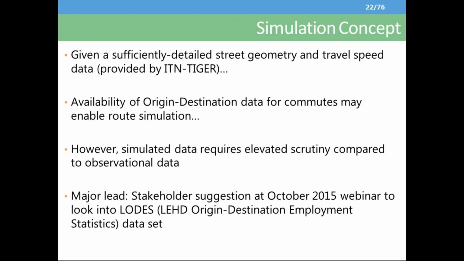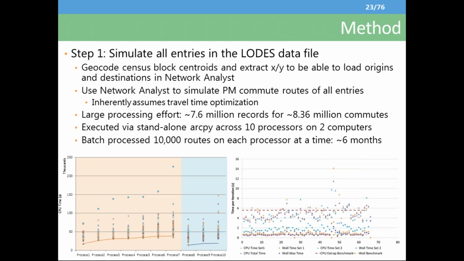However, back in October 2015, there was a major lead to look at the origin destination employment statistics data set, which I believe is also from the US Census Bureau. And what we were able to do with that is basically simulate all those entries. The entries in that data set are the census block of where the respondent's home is, and the census block where their workplace is.